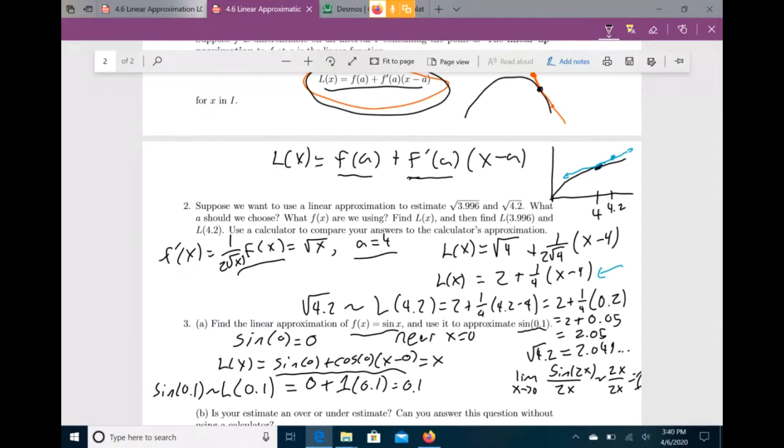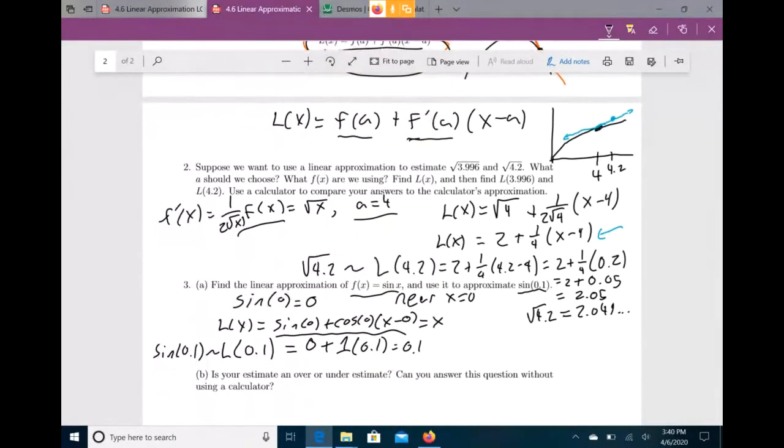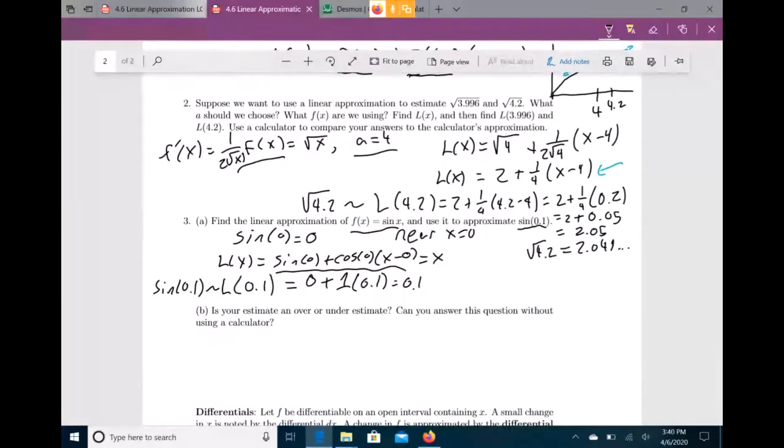Okay, so all right, are we underestimating or overestimating? All right, can you answer this question without using a calculator?